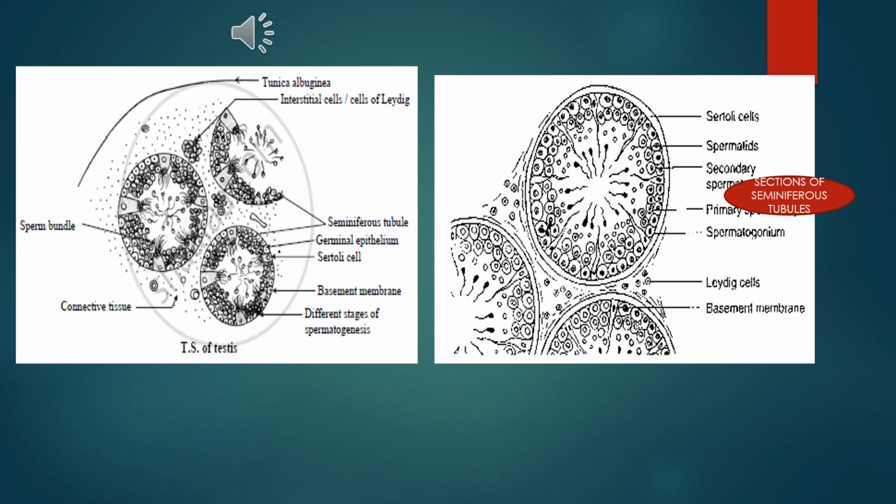Then between the seminiferous tubule, presence of interstitial connective tissue, which contain interstitial cells of Leydig, blood vessels and lymphatics also we can see. And outside to that of basal lamina of seminiferous tubule, muscle-like cells, that is myoid cell, also present. So this is a structure of testis.